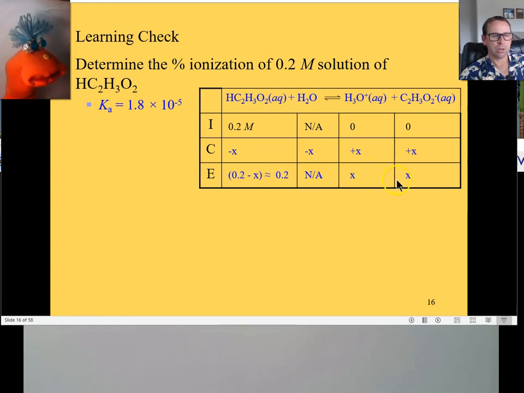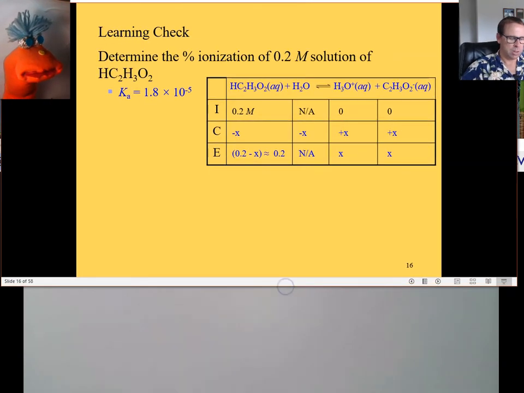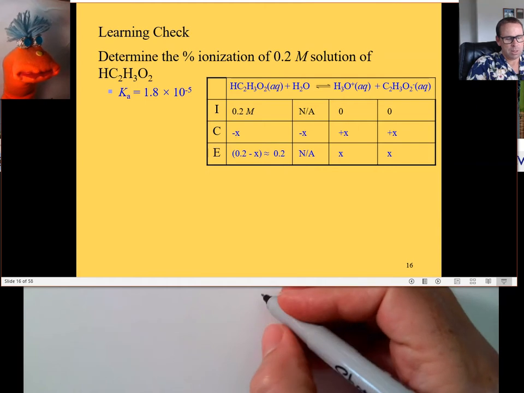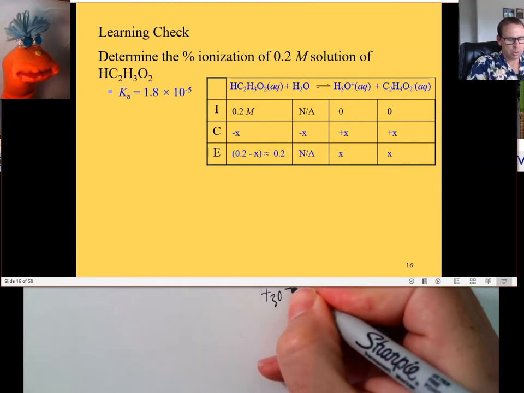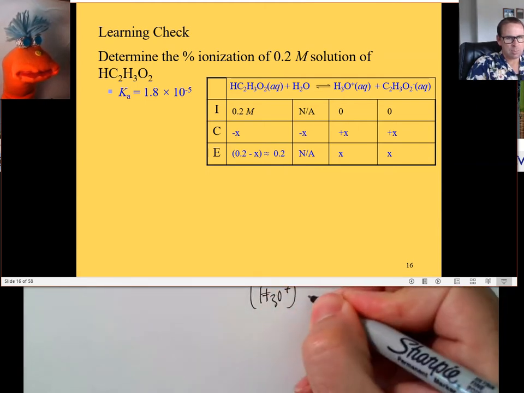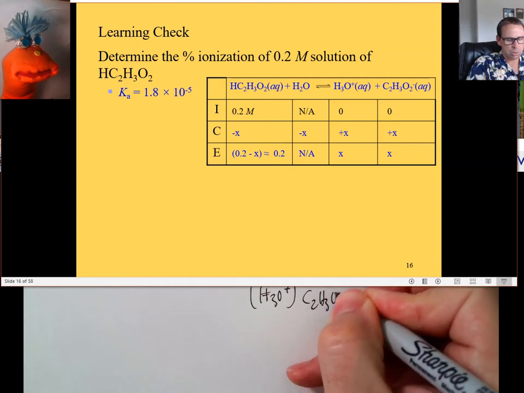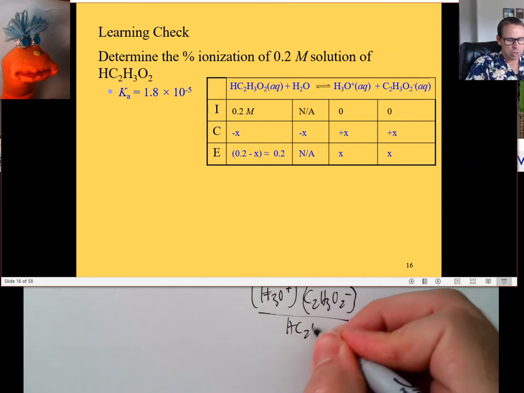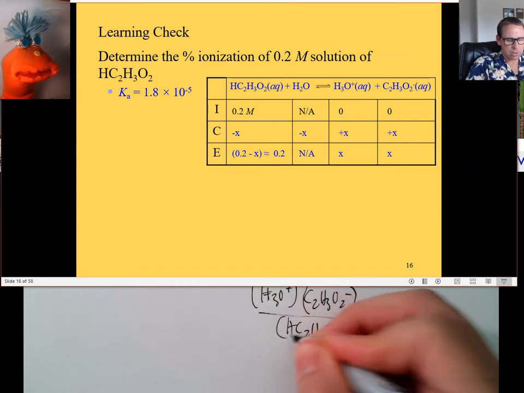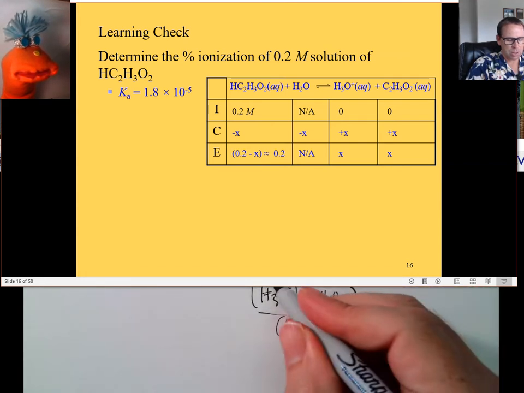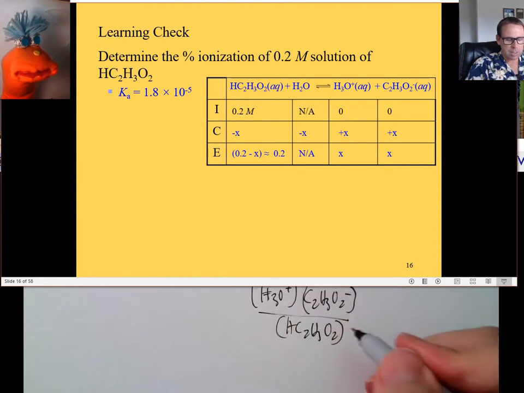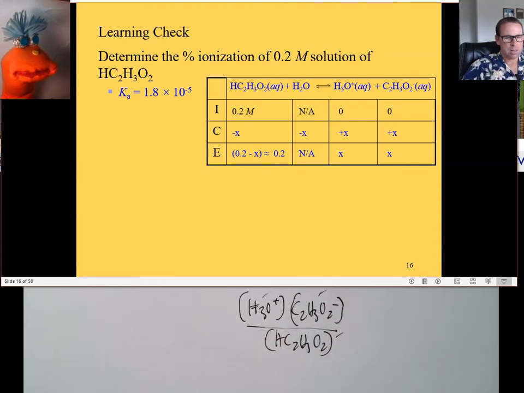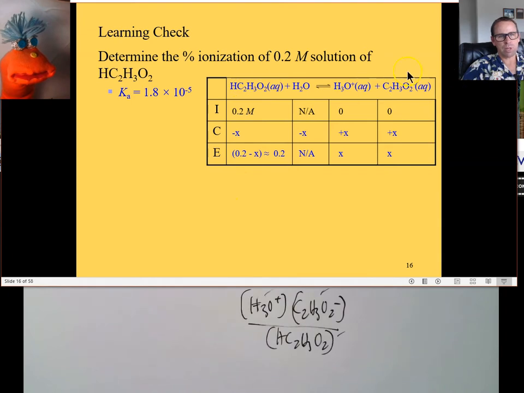All right, so the equilibrium, I will give us a little review here. We've talked about this enough, but it might need a little bit of review. H3O plus times the C2H3O2 minus over the HC2H3O2, the acetic acid, so the hydronium ion, acetate ion, acetic acid. That is the equilibrium expression for this reaction.